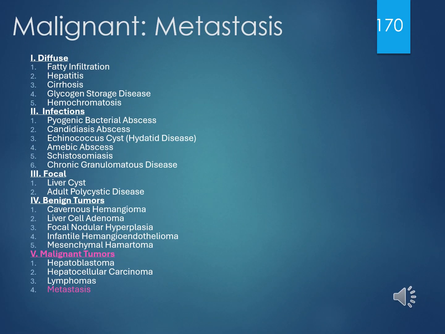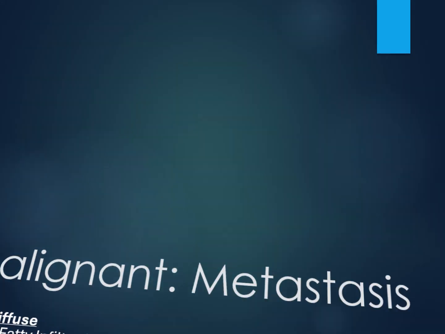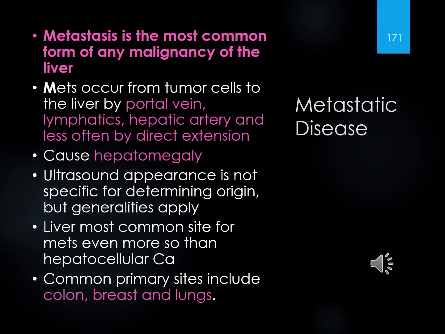All right, friends, we've made it. Our final liver pathology is the malignant metastasis. Metastasis is the most common form of any malignancy of the liver. Mets occur from tumor cells to the liver by portal vein, lymphatics, hepatic artery, and less often by direct extension.